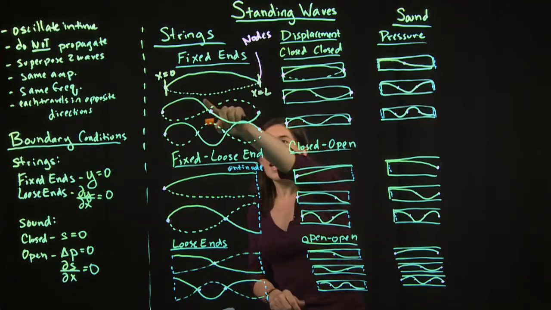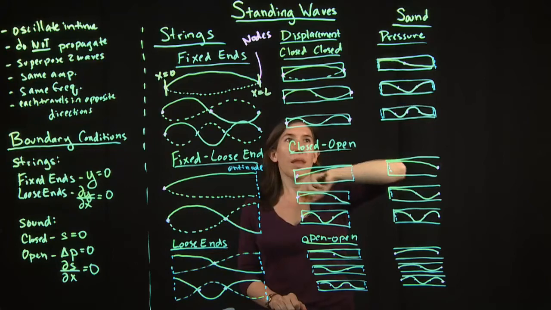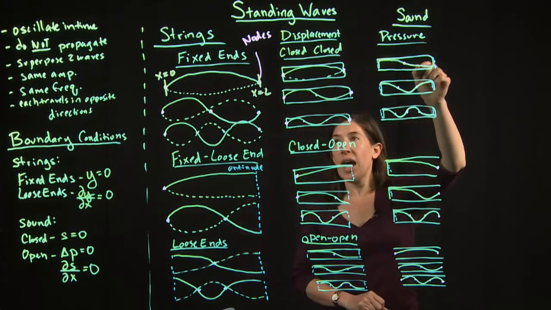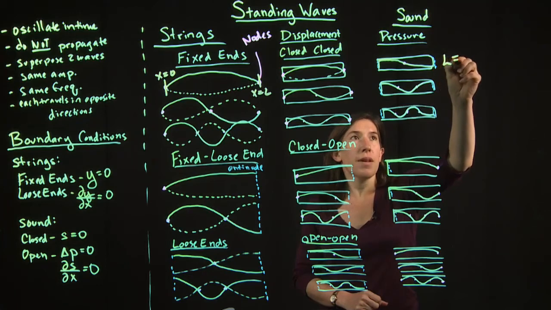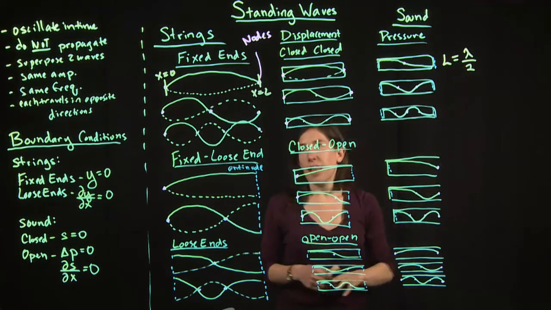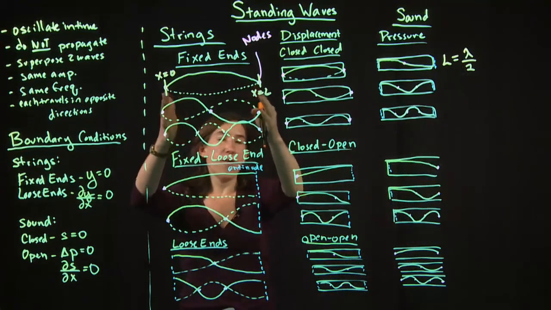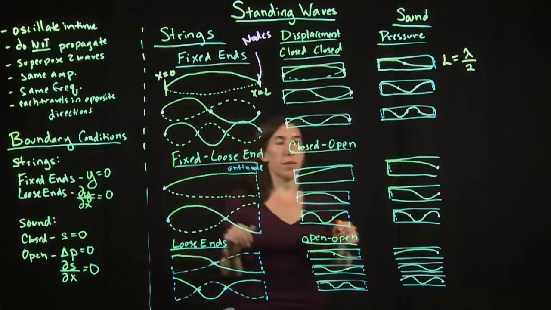So we'll see that in all three of the top cases, it's actually the same. What we have is that the length of the pipe is equal to the wavelength over 2. And that's because exactly 1/2 of a wavelength fits within the length of the pipe.